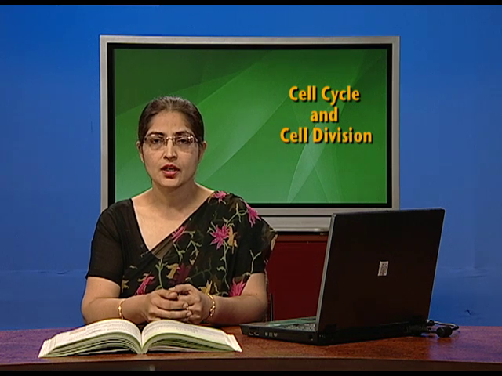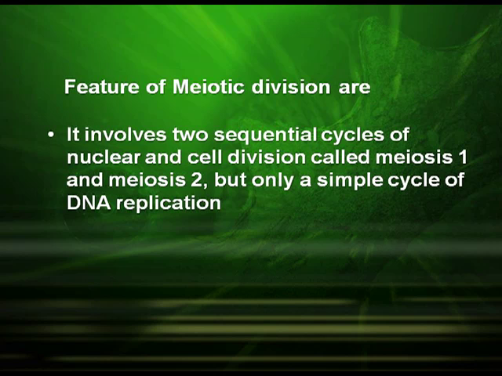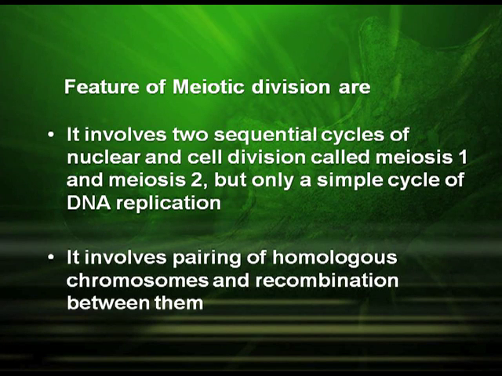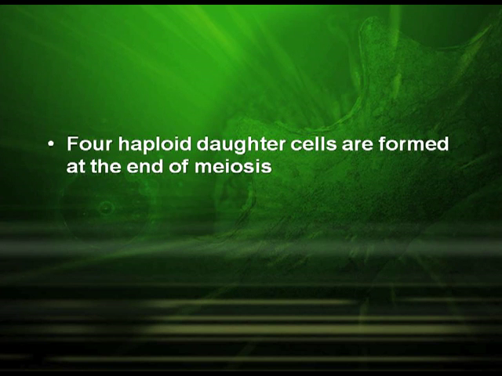Meiosis involves 2 sequential cycles of nuclear and cell division called meiosis I and meiosis II, but only a single cycle of DNA replication. It involves pairing of homologous chromosomes and recombination between them. 4 haploid daughter cells are formed at the end of meiosis.